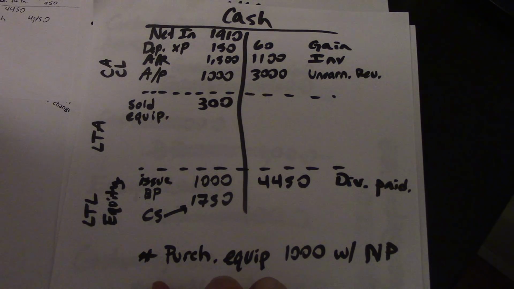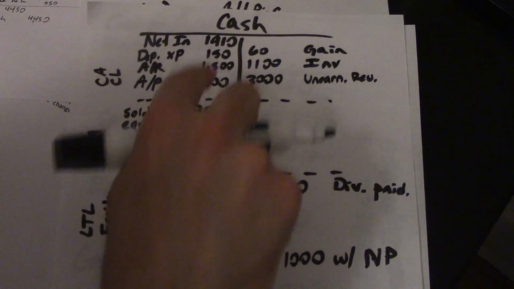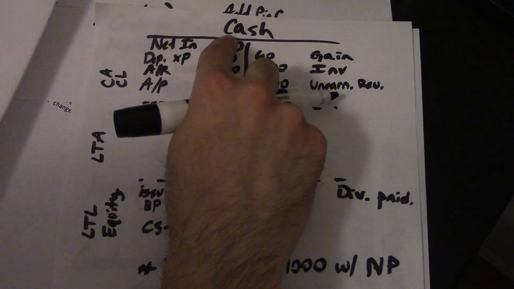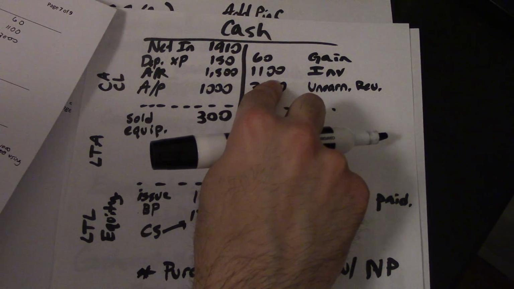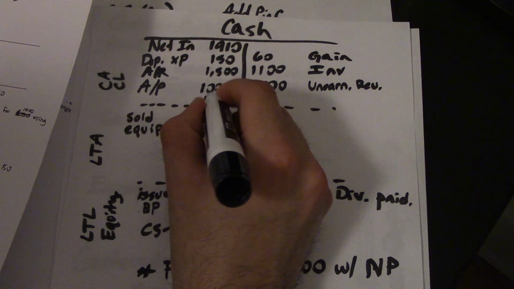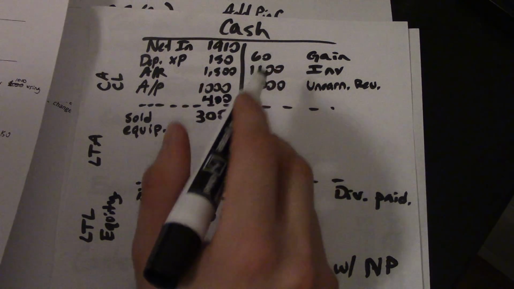Next thing to do is to figure out our cash flow from operations, cash flow from investing, cash flow from financing. And the way to do that is you add up all your debits, subtract your credits, and our cash flow from operations should be $400.